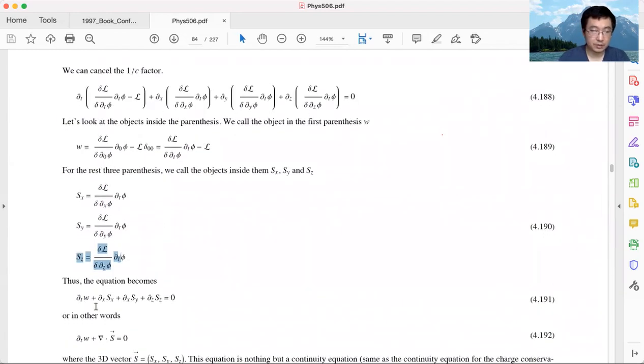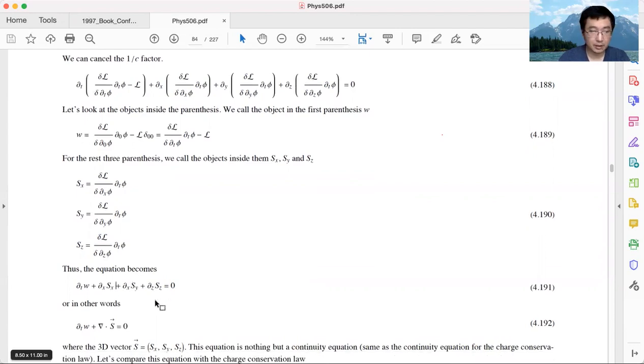Then my equation immediately becomes this. Partial t of W, plus partial x Sx, plus partial y Sy, plus partial z Sz, equals 0.